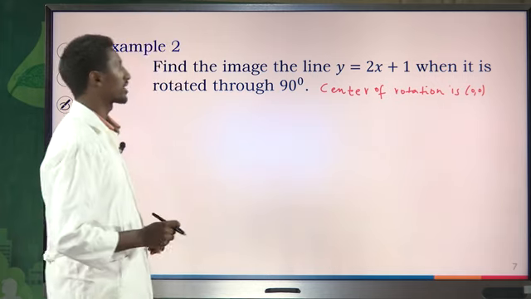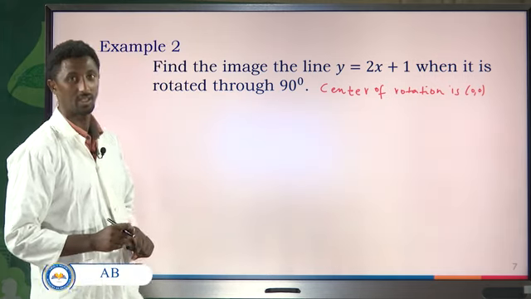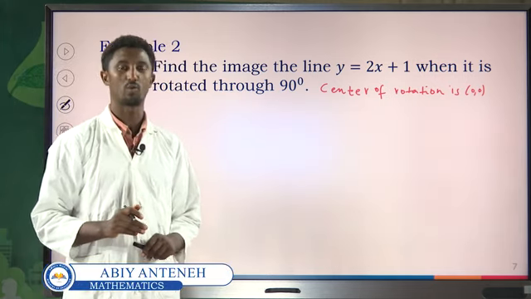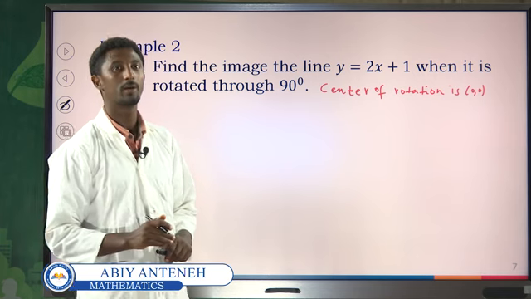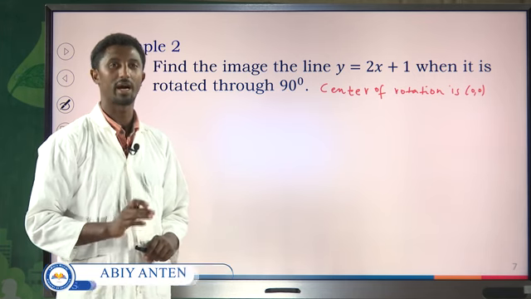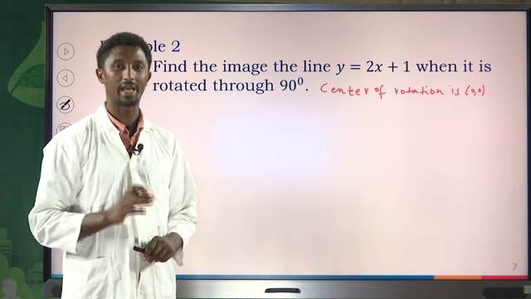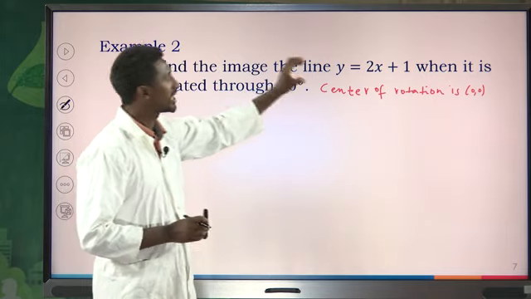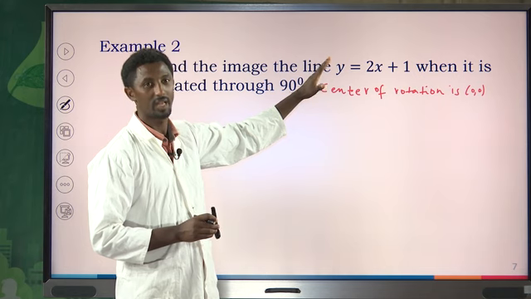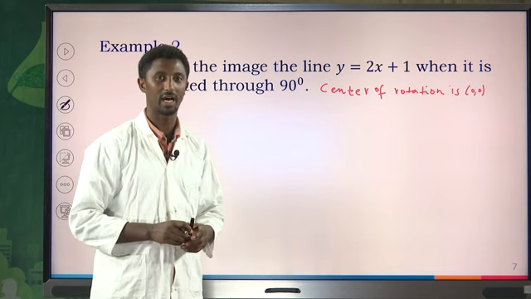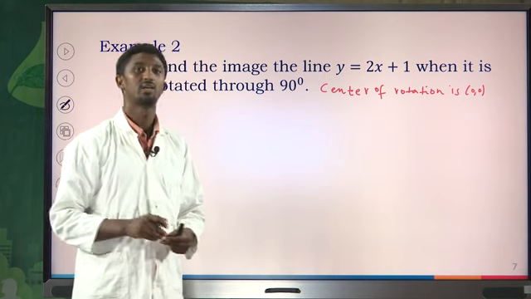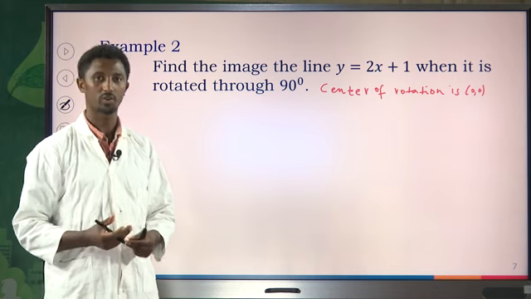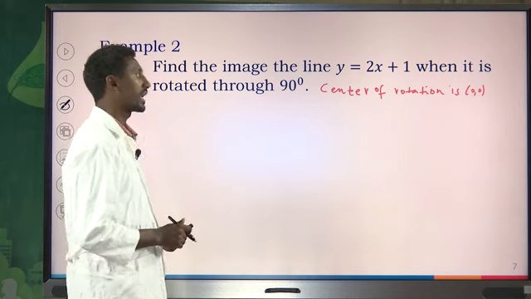So if the center of rotation is (0, 0), to find the image of the line y equals 2x plus 1 when it is rotated through 90 degrees or through any angle theta, the technique is to take any arbitrary points on the given line, then find the image of those points, then using the image of those points we'll find the equation of the line.